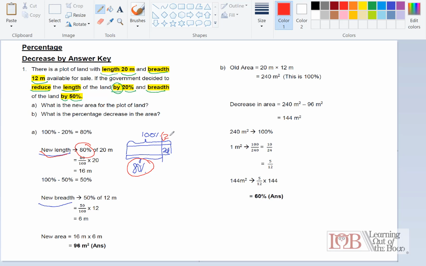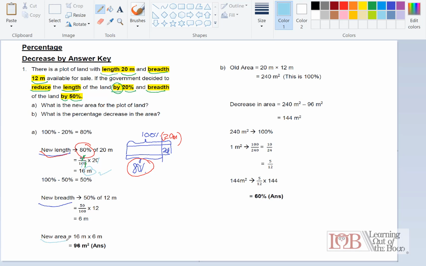This whole thing is 20 meters. To solve it, we take 80 over 100, because 80% equals 80 over 100, times 20. Some of you may want to use a calculator, but you can do cancellation. Can you see a 0? Cancel, and then you cancel. So it's 8 times 2, so it's 16 meters. Okay, so this is done already.